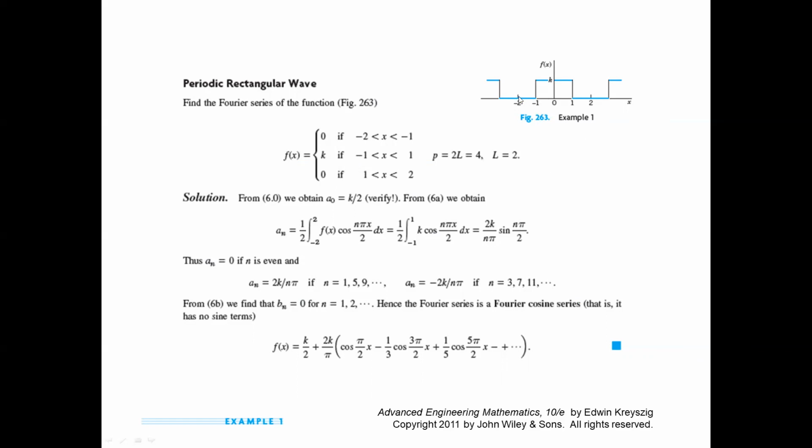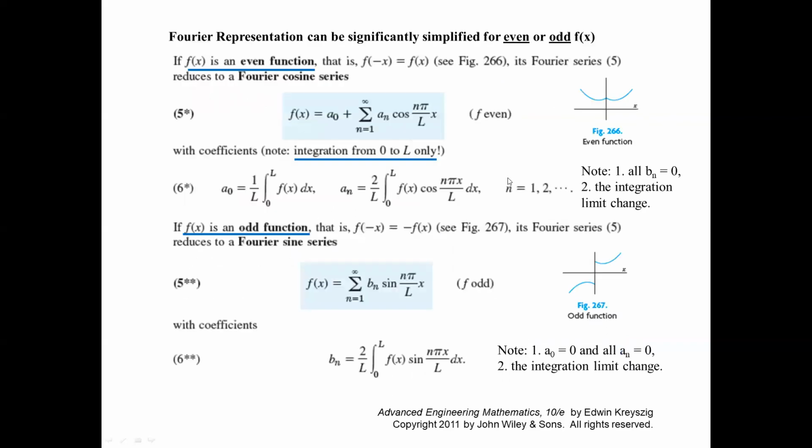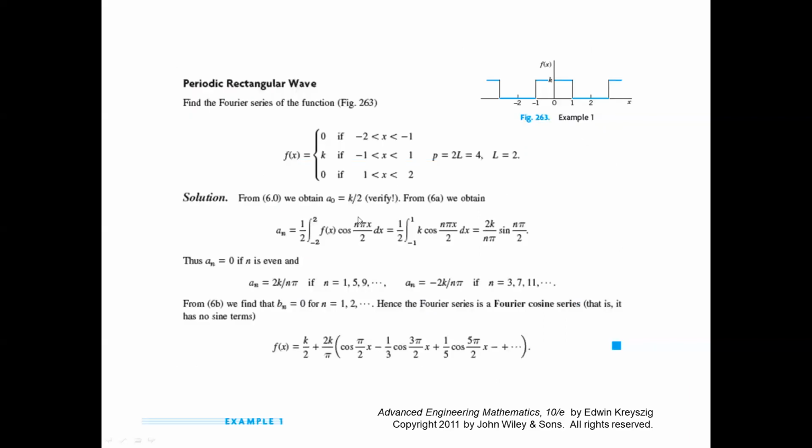That means from -2 to 2, it's periodic. Then we can use what we just learned. Once we look at this function, we know it's an even function. For an even function, we discussed earlier, we have to take A naught and An. So this is what we can do.